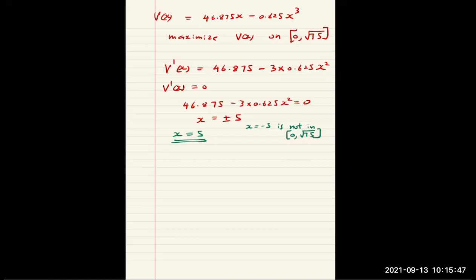Now let me find the value of the volume at x equal to 5. To find V of 5, you need to plug x equal to 5 into your volume function. That will give you 156.25.